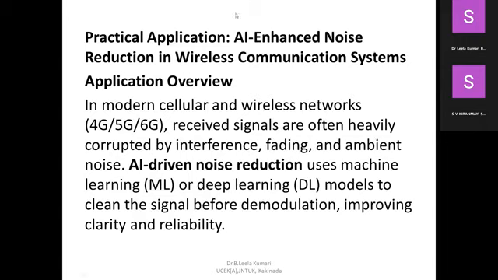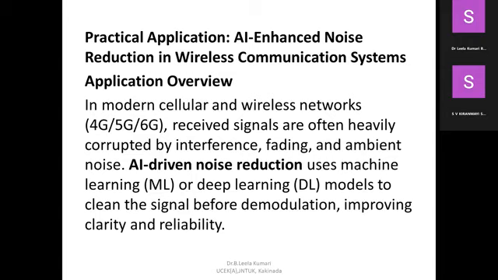The problem addressed is that traditional signal processing methods like Wiener filters or spectral subtraction are limited in highly non-linear or dynamic environments. Wireless channels in urban areas change rapidly due to mobility, multipath, and interference from devices.